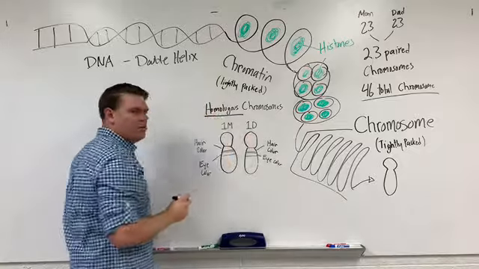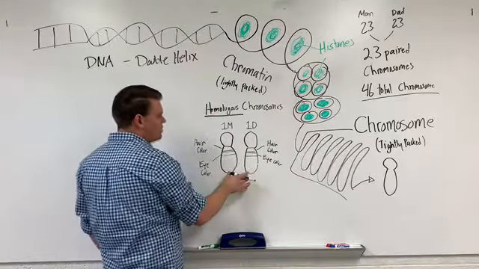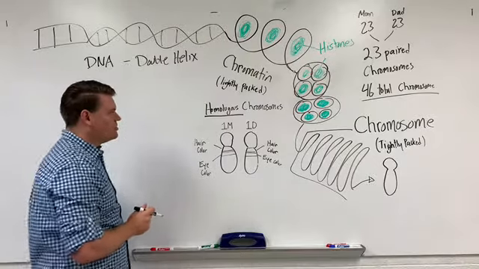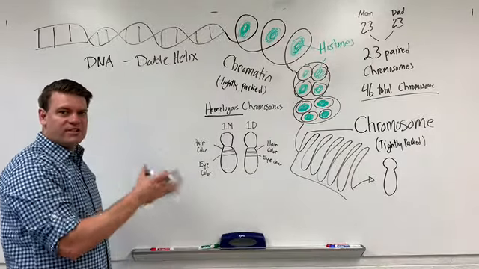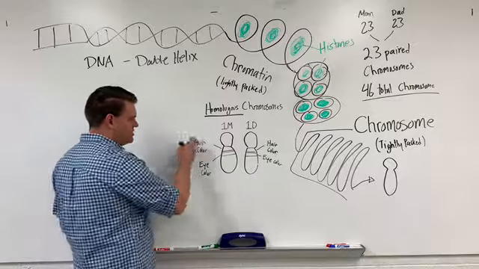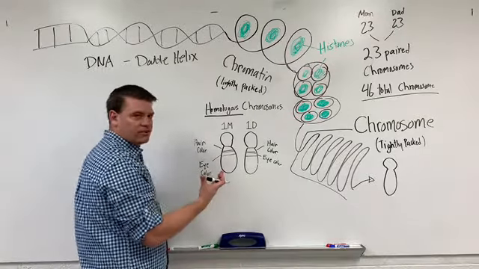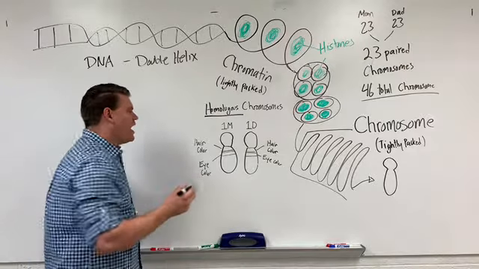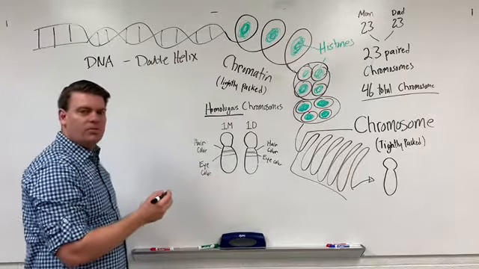All right, so homo meaning the same. So homologous chromosomes, these are the same type of chromosome. They code for the same types of traits or same characters. All right, but actually what the code is could be a little bit different.